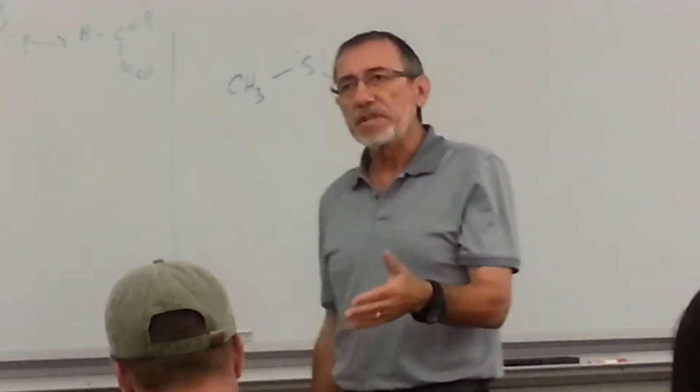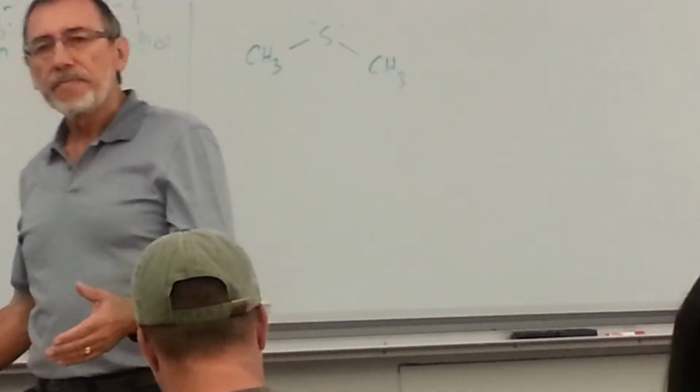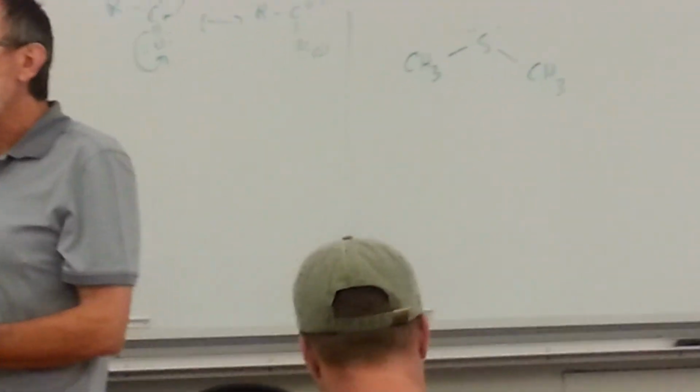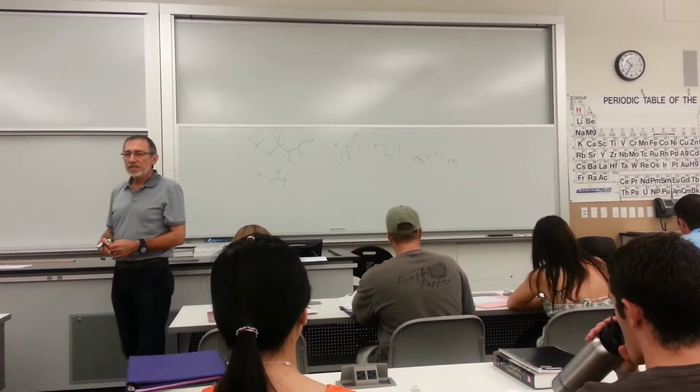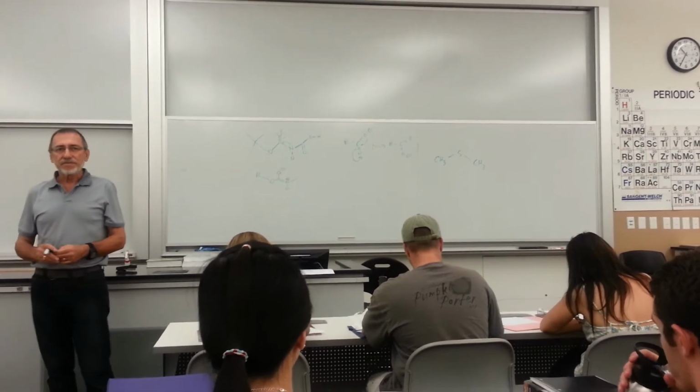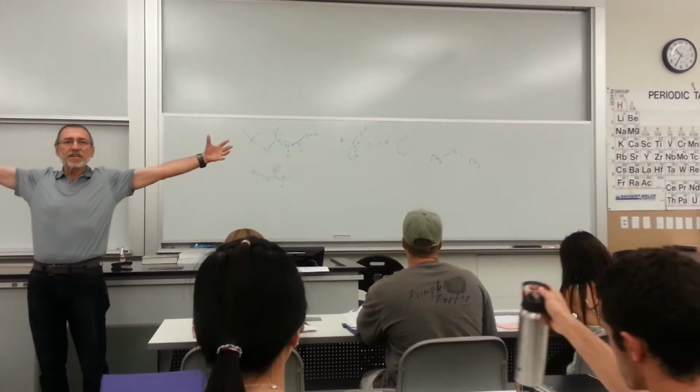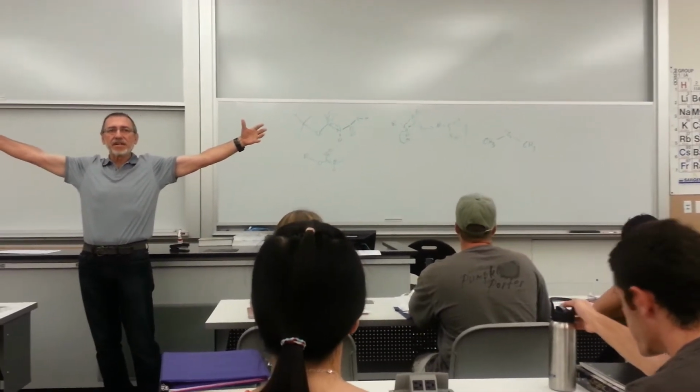What's the big difference between oxygen and sulfur? Well, sulfur has more protons, has more electrons than oxygen, but the electrons are further away from the nucleus than they are in oxygen.